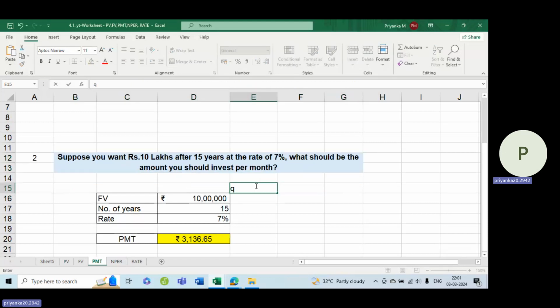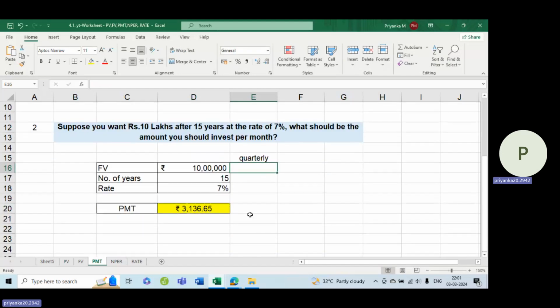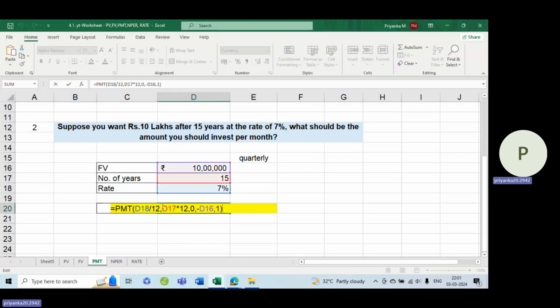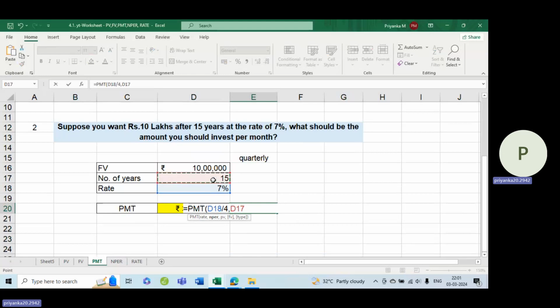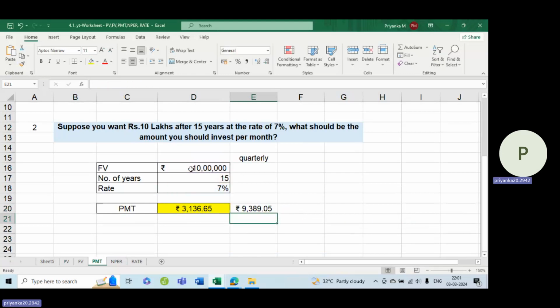What you have to do is use the same formula, here with 4: equal to PMT of my rate divided by 4, comma, number of periods into 4, comma, my present value is 0, comma, minus of my future value, comma, 1. Just give enter. So this is the quarterly value.